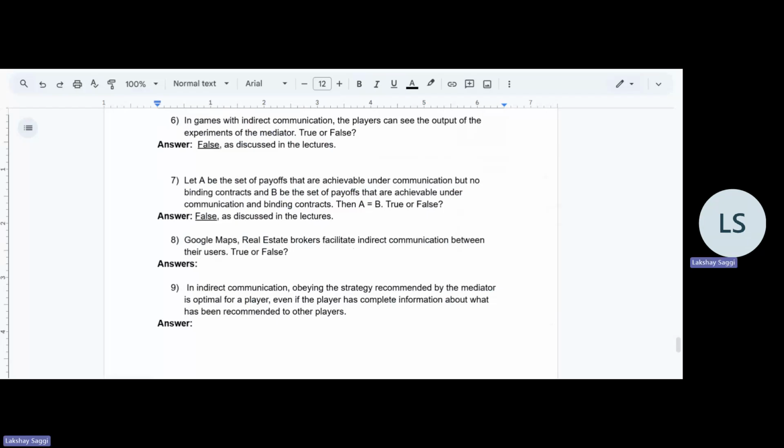Similarly, in real estate, as was discussed in the lectures, it might be possible that a real estate broker tells you to buy a house in some place, whereas he tells some other person to buy a house in some other area. They might do this not with ill intention, but because these strategies may be optimal for both players.